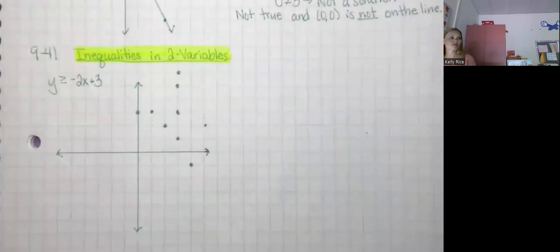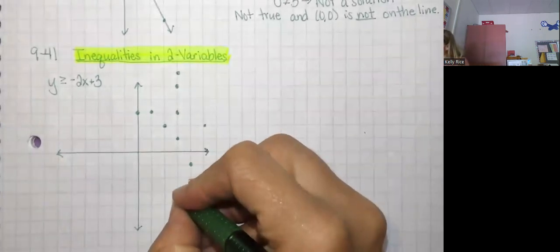But 3, 3 works. Okay, so there should be a lot more. Anyone, 1 or 2 more? What do you got? 3, negative 3, 1, 4.